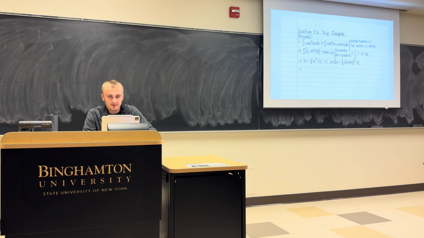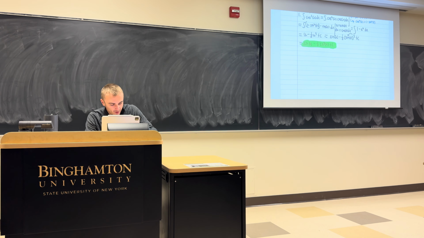This can be rewritten slightly simpler as sine x minus 1/3 sine cubed of x plus c, because that exponent really belongs inside there. And that's our final answer. Again, this shouldn't be too difficult, just relying on a trig identity.